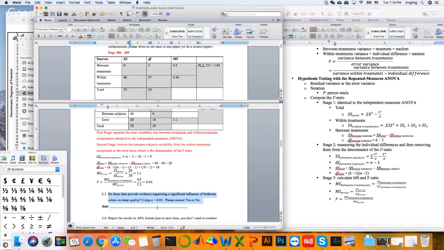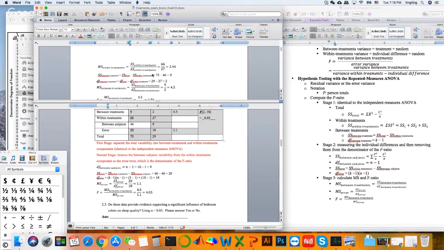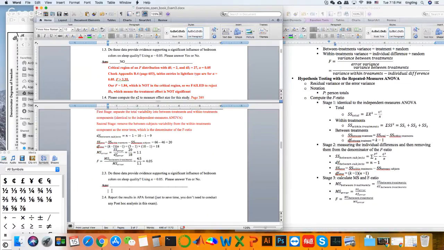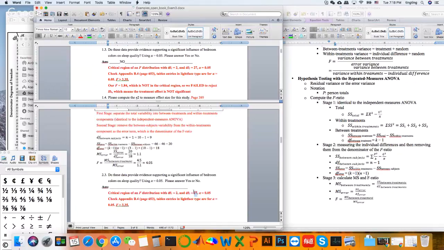So it means we need to check the table again. So here, let's check what we need. The critical region of an F distribution of, let's copy this, but we need to revise something. Critical region of, you can check df here, 1, and this one is not 27, it's 16.